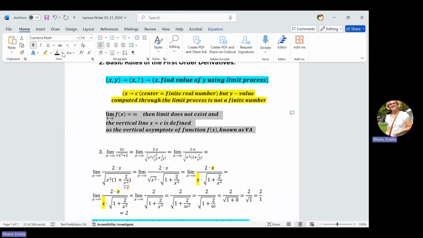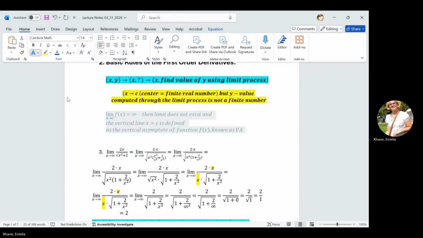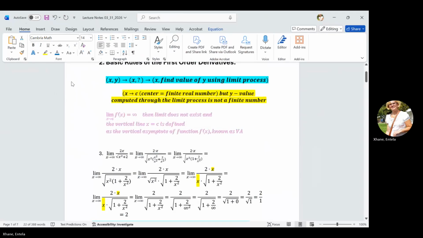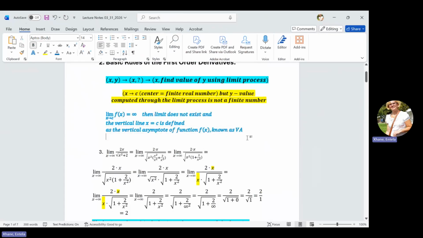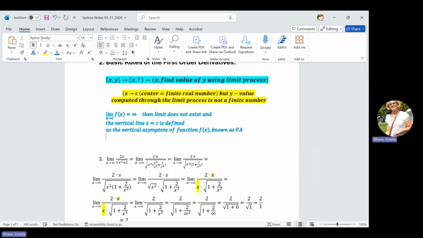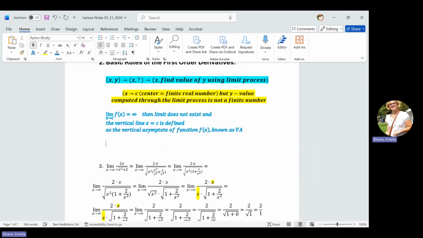So let me highlight this again using, or I can make a blue color, possibly one of those versions. Okay, there you go. This one looks better. Now, the second scenario that I'm about to discuss, and then you will see algebraically two breakdown examples.